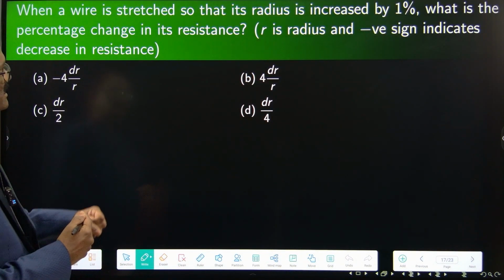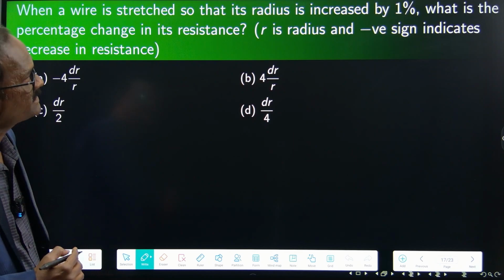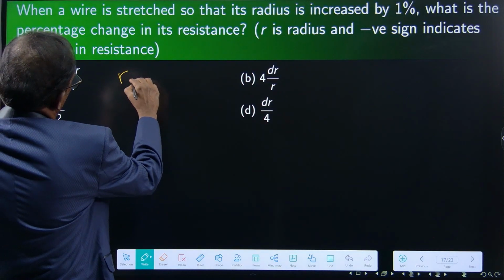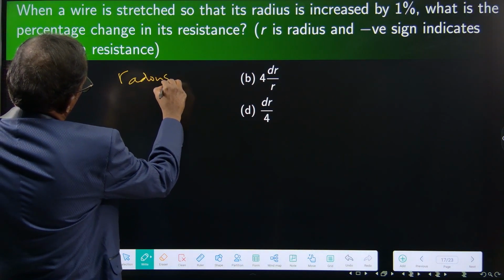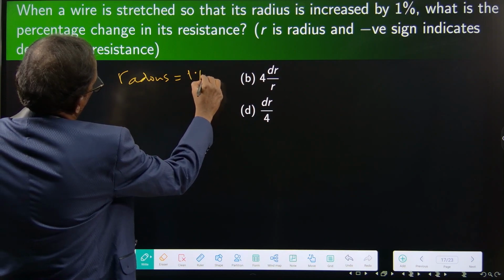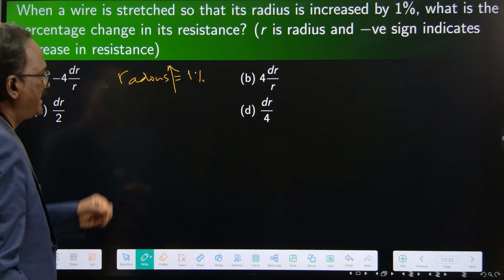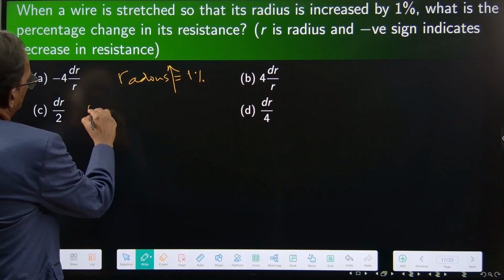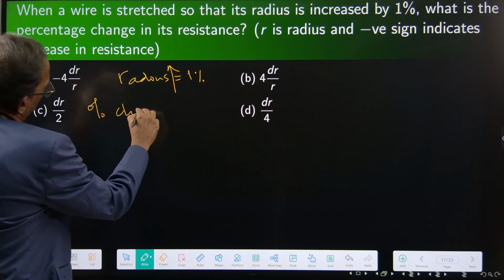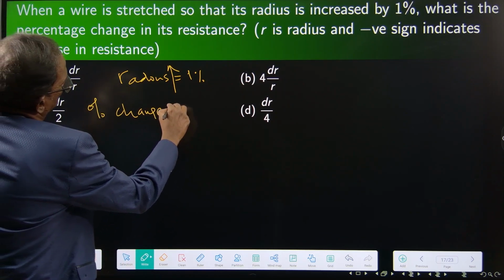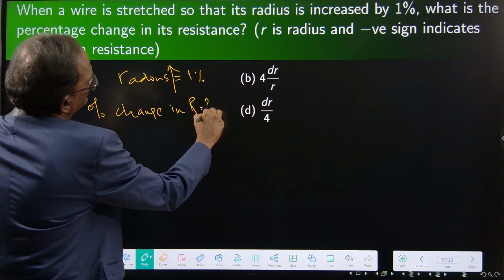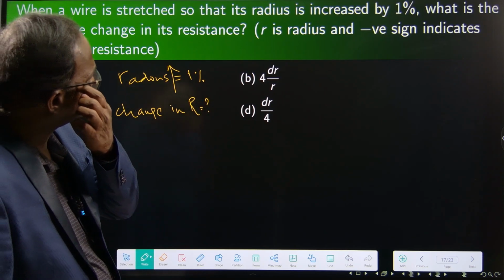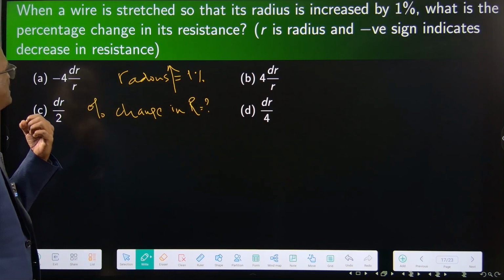When a wire is stretched so that its radius is increased by 1%, what is the percentage change in R? R is resistance, and the negative sign indicates a decrease in resistance.